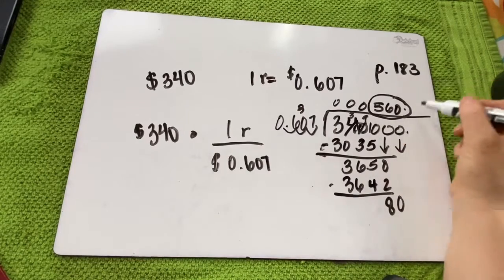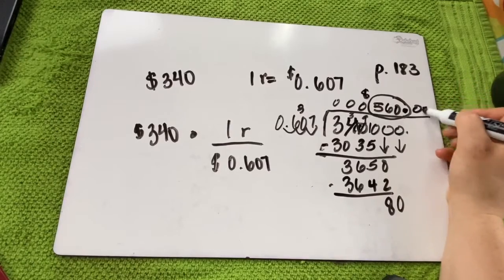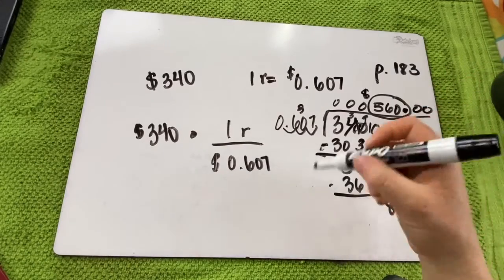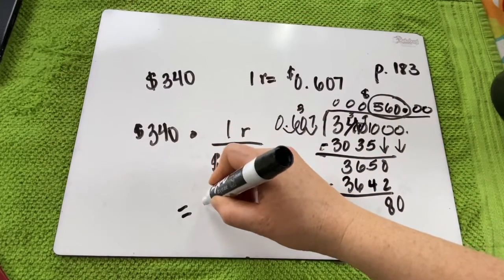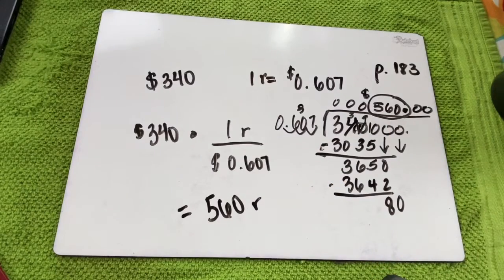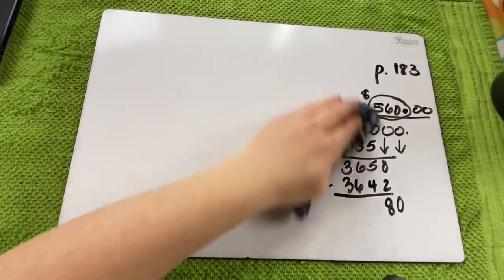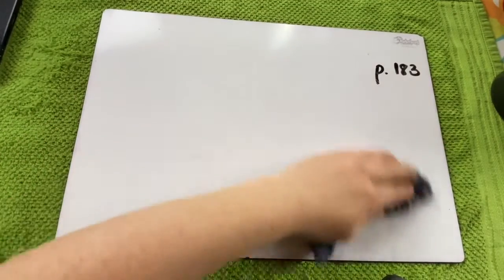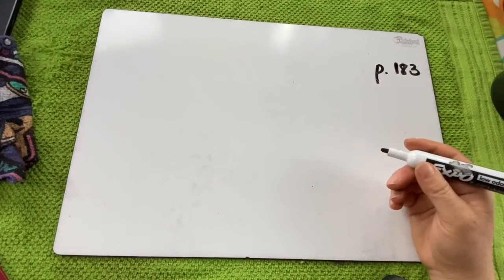I mean, you can keep going, but that got me the rand amount, because this is going to be 0, 0. It's going to keep going. So how many rands per $340? Around 560 rands. That's what they want. Just a general estimate. Now remember, you can use a calculator to do that. Make it super easy.